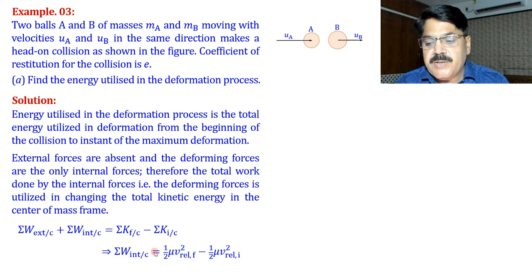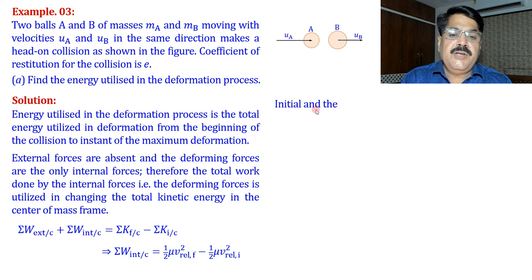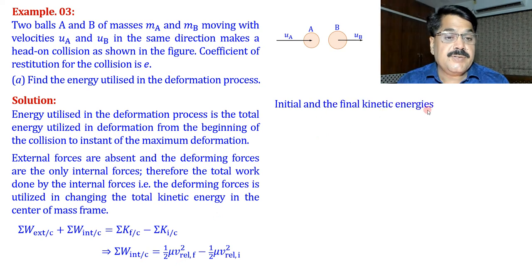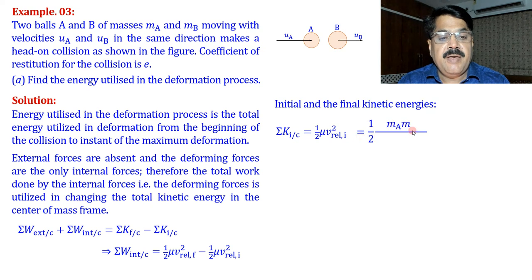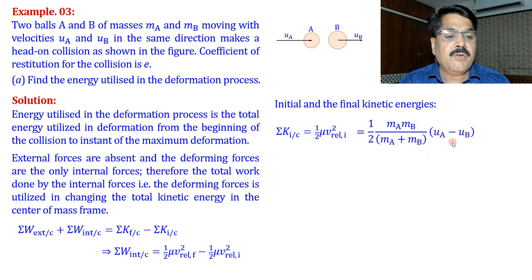So what are the initial and the final kinetic energies? Summation K initial we can write very easily as half mu V relative initial square. So that is half ma mb upon ma plus mb into ub minus ua, or ua minus ub, whatever you write, because you have to put a square. So it doesn't matter what the order is.